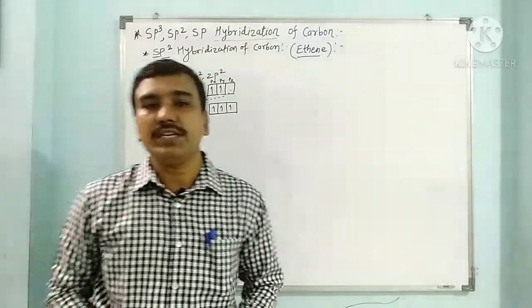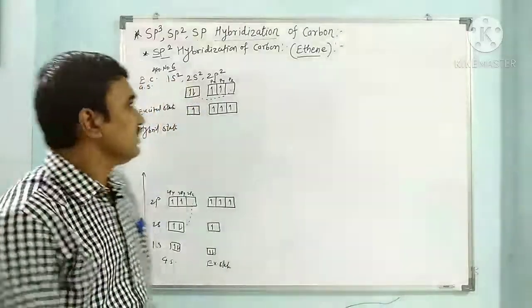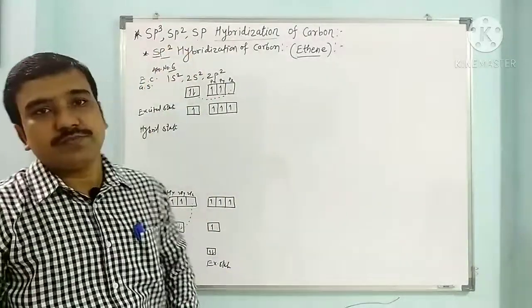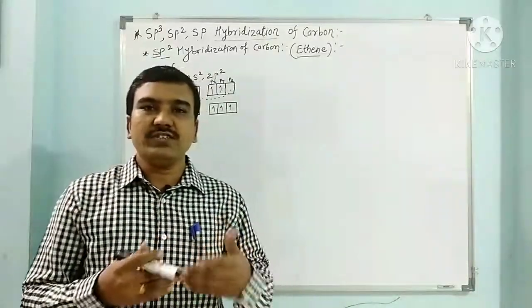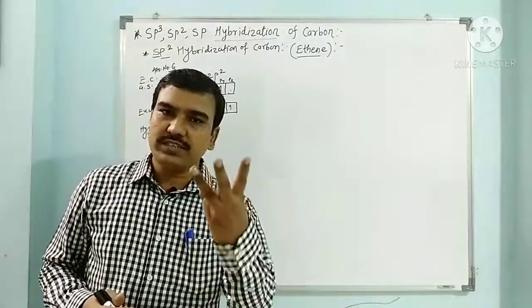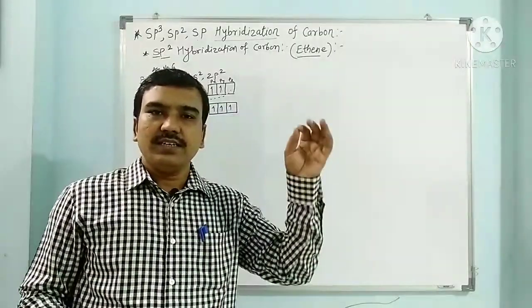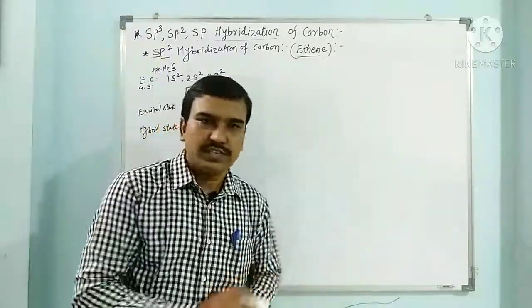What happens in sp2 hybridization? One s orbital and 2 p orbitals of the carbon undergo mixing and recasting to give a new set of 3 orbitals having identical energy and identical definite shape and orientation.